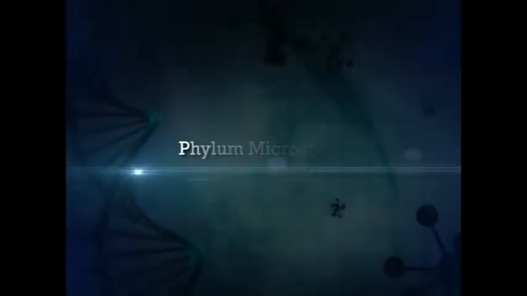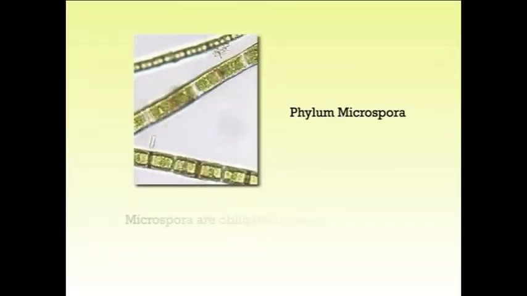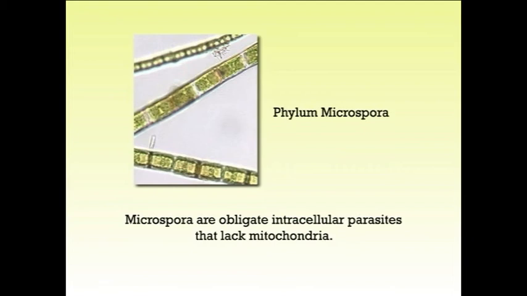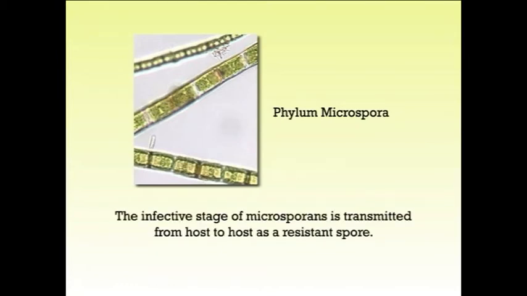Next, we'll see the phylum Microspora. These microsporans are obligate intracellular parasites and they lack mitochondria. The infective stage of microsporans is transmitted from host to host as resistant spores.